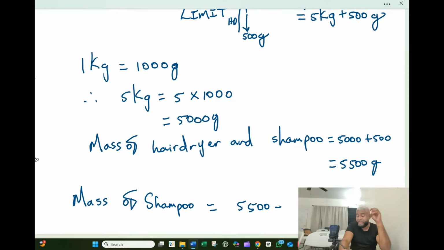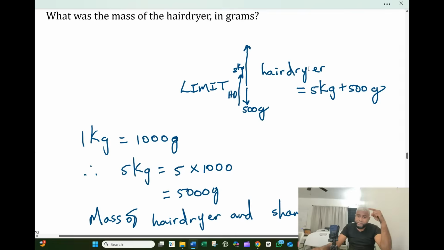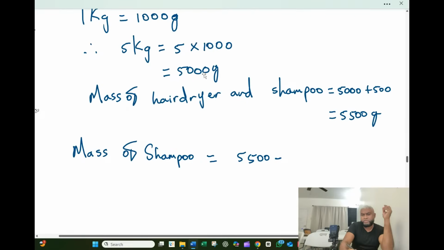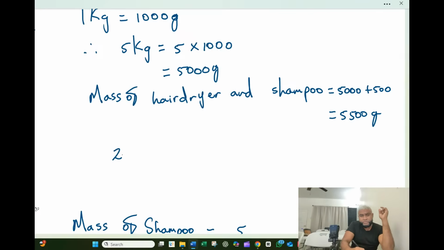Which is the total minus how much did it go back up by, they said? When they put back the hair dryer, the luggage was over the limit by 2 kilograms, right? So that means the shampoo would be you're minusing 2 kilograms. 2 kilograms will be equal to 2,000 grams, right?